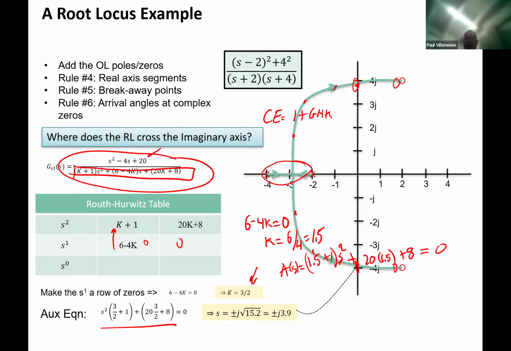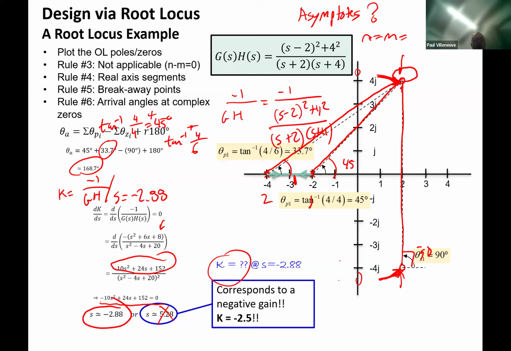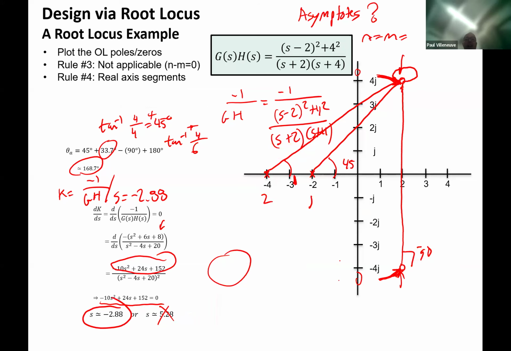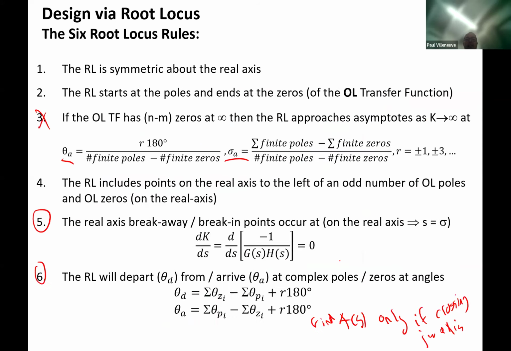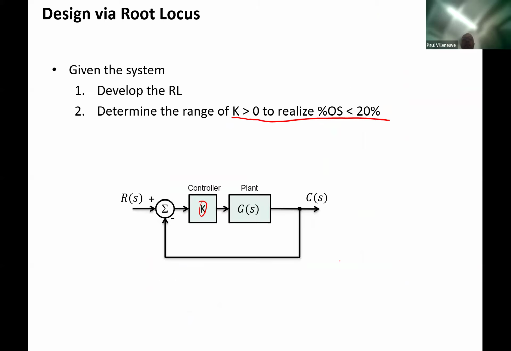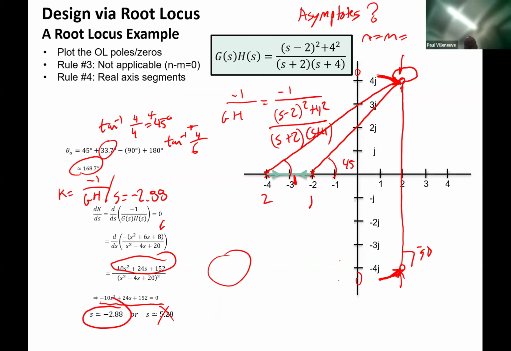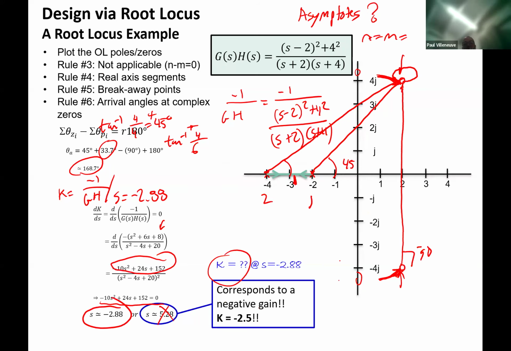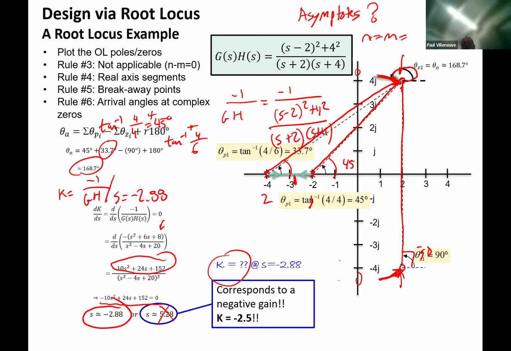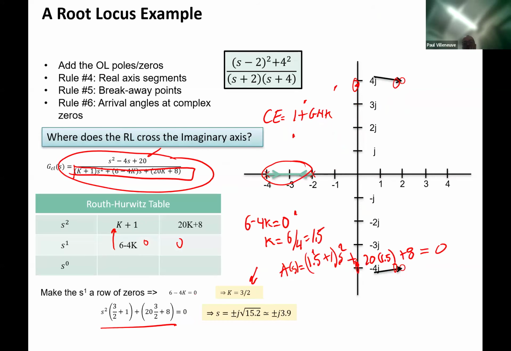But it still doesn't answer the question, because the problem was we want a value of K that has a percent overshoot of less than 20%. So now that we have this, what are we going to do? How do we get a percent overshoot less than 20%?